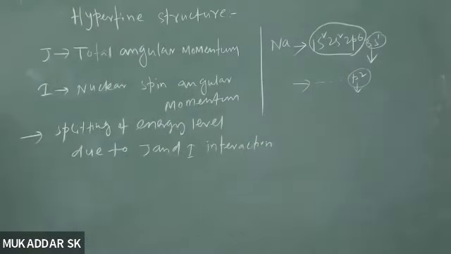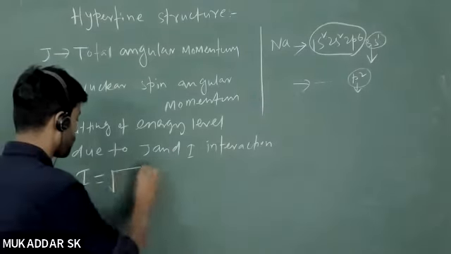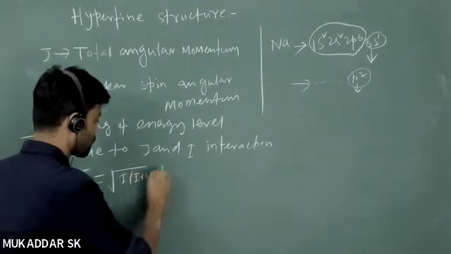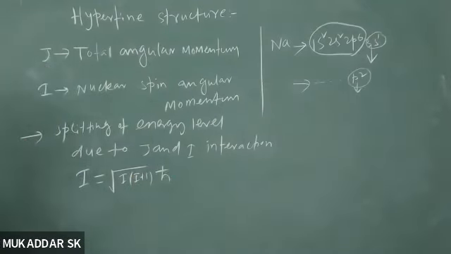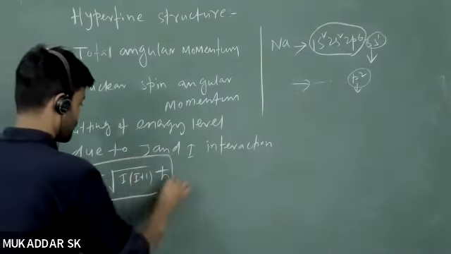So if I is the nuclear spin angular momentum, what will be its value? It will be root over I into I plus 1 H cross, right? This is the spin angular momentum.